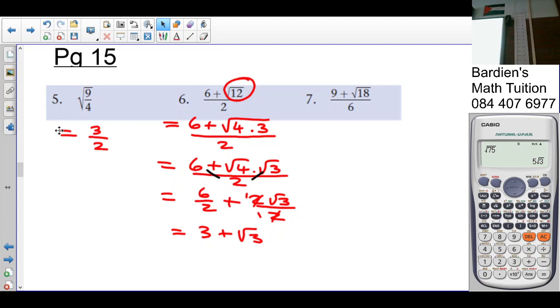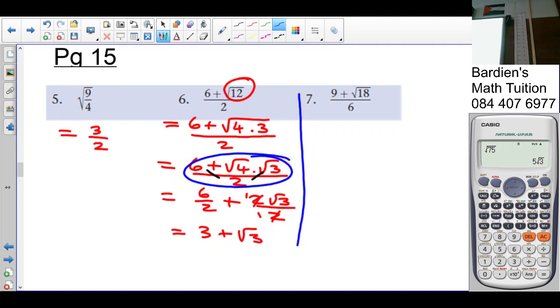Need some practice on this, no? No problem. Now let's do 7 together. So what's the first thing we're going to do? Break up the 18. Instead of breaking this up here, I could have factorized the 2 as well.